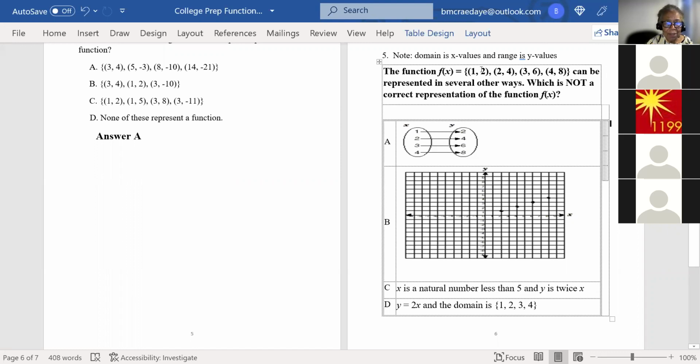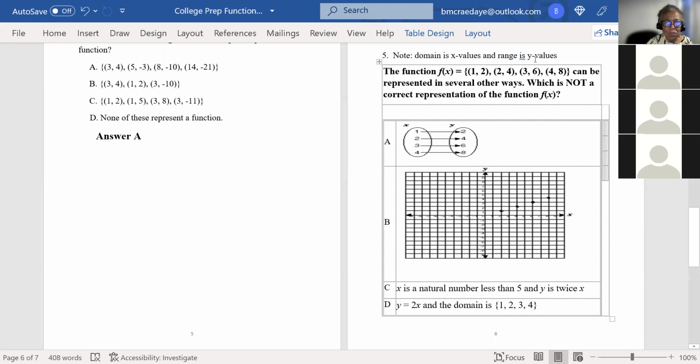All right, now, Audrey, are the Y values twice the X values in every case? The X's are 1, 2, 3, 4.